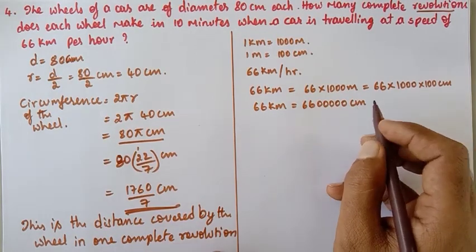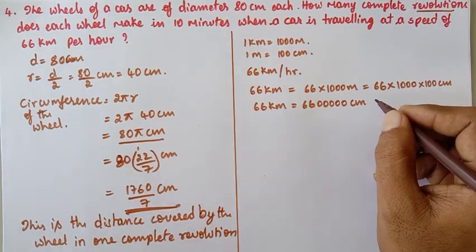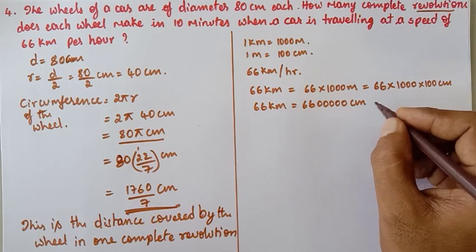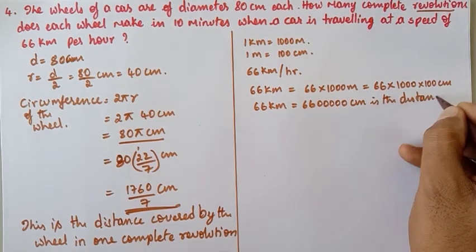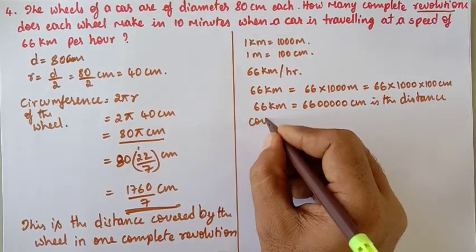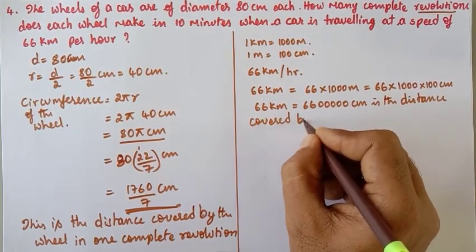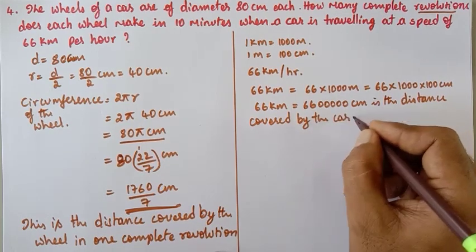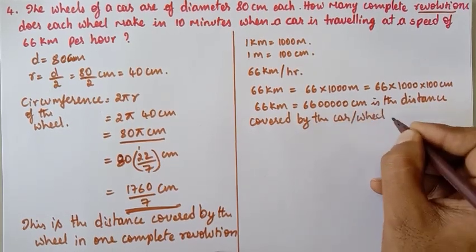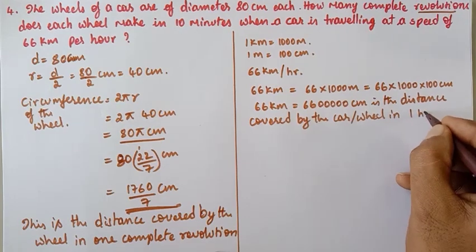66 lakh centimeter is the distance covered by the wheel, by the car, in 1 hour.